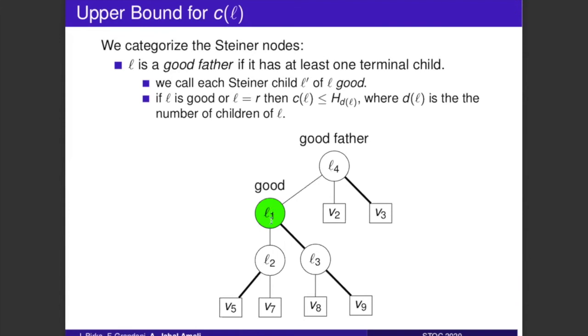So for example, here L1 is a child of L4, so we call L1 good. The reason we call these nodes good is that for these nodes and also for the root, we have this property that the cost of these nodes is at most h of d_L, where d_L is the number of children of that node. This is pretty good for us since h of d_L for our purposes is reasonably small.